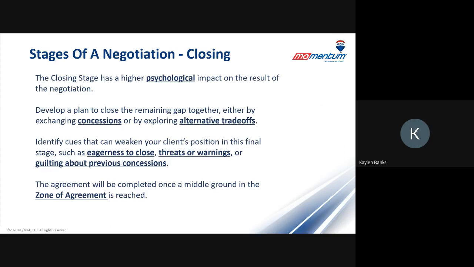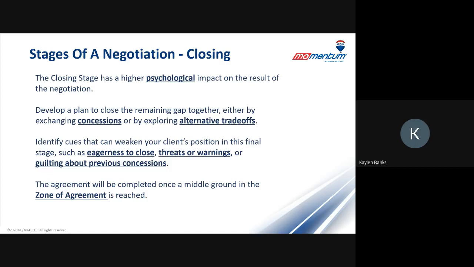And then finally, after you get through all those stages, you're going to have a closing stage of a negotiation. The closing stage has a higher psychological impact on the results of a negotiation. So you want to develop a plan to close the remaining gap together, either by exchanging concessions or by exploring alternative trade-offs.